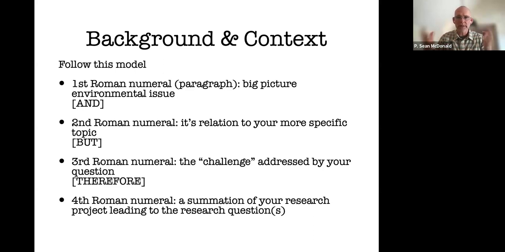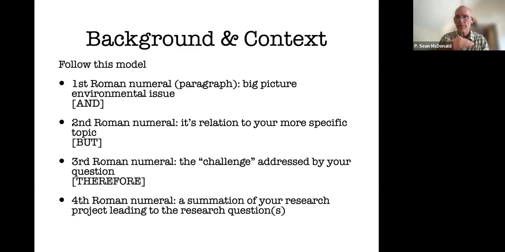Now the "but" is the challenge. But learning in an outdoor environment is fraught with a variety of challenges, including physical conditions which may impair learning. All right, you can go into some detail there in that paragraph.